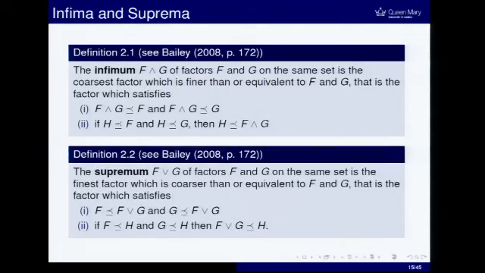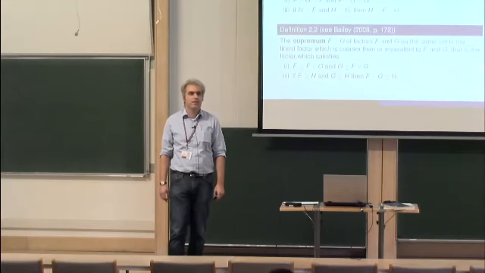Now, what is quite important for the theory and also for the package is the notion of the infima and suprema, and I've just copied the definitions again. What you should at this stage perhaps only look at is the textual bit here, not the formal equivalent of those definitions. If we have two factors on the same set, then the infimum of the two factors F and G is the coarsest factor which is finer than the two.